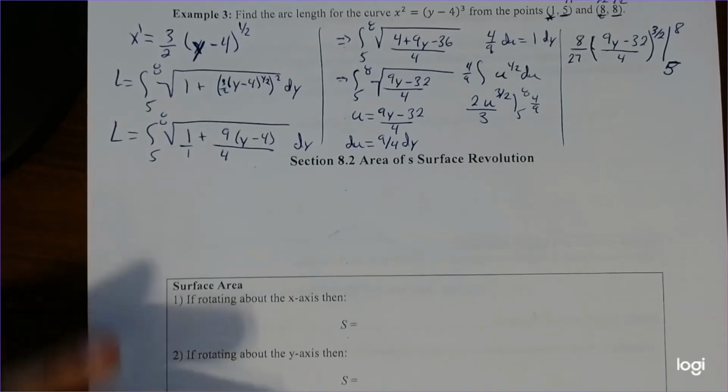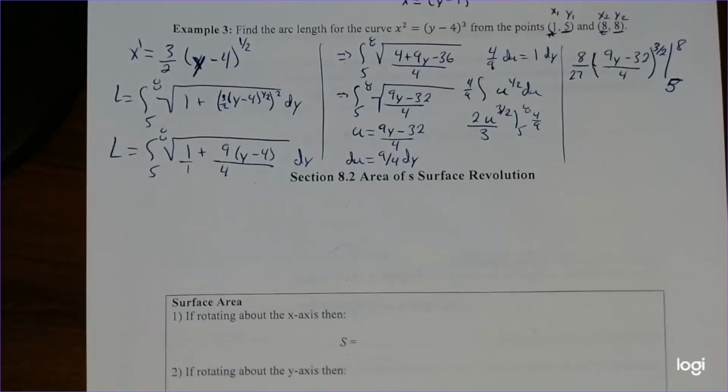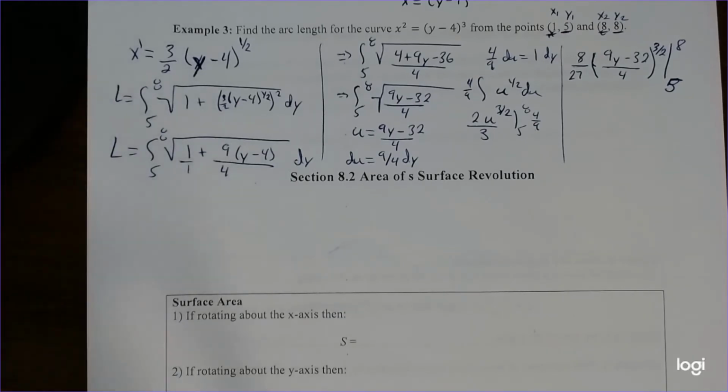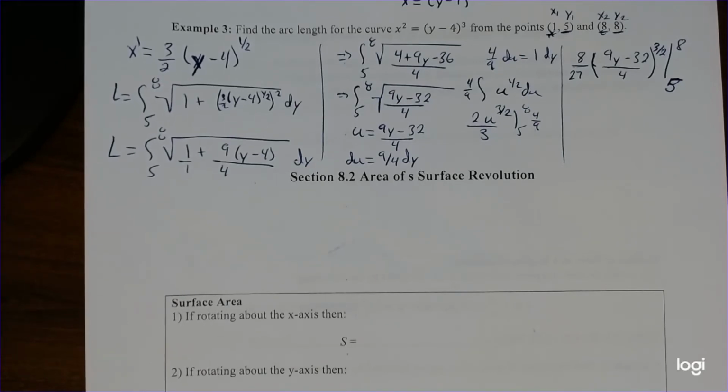Wasn't too bad this time, but still pretty lengthy to begin with. So what happens when we plug in 8? Let's see. So 9 times 8, I believe, is 72. Minus 32 gives you 40. Divided by 4 gives you 10.